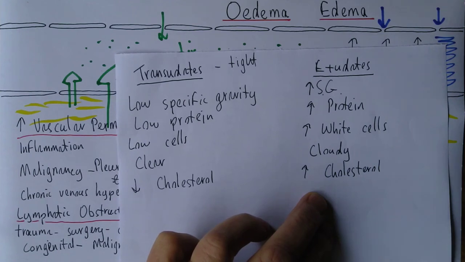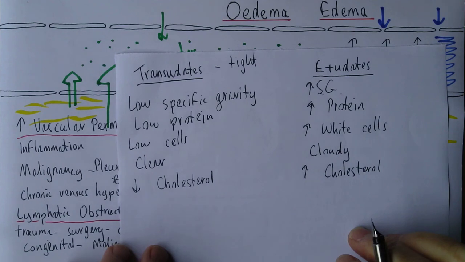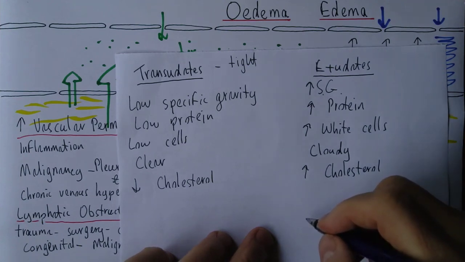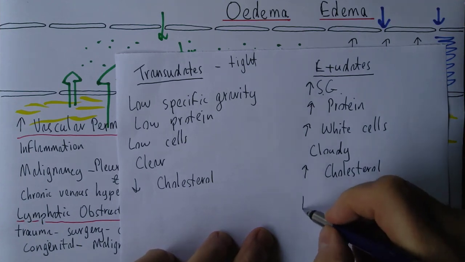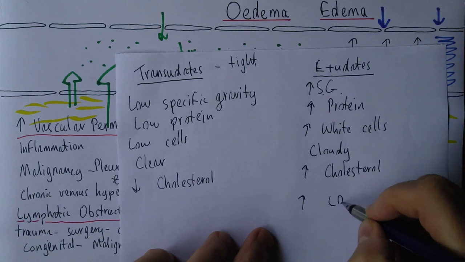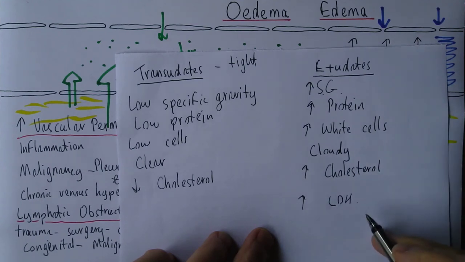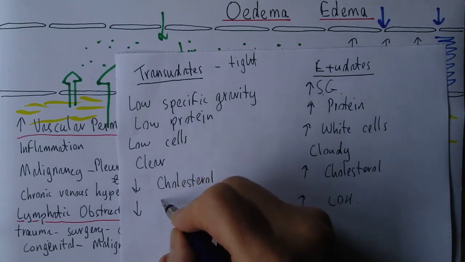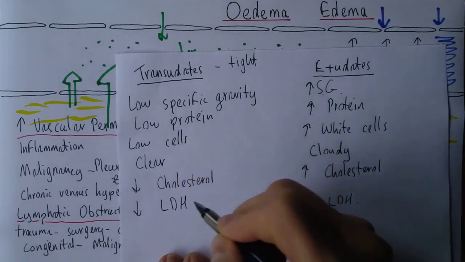And particularly if we're thinking about the pleural exudates, the pleural effusion, the exudate is going to contain lactic dehydrogenase, for example, which is an enzyme produced by the pleural membranes when it's inflamed or when it's subject to a malignant process, whereas the transudate is going to be low in lactic dehydrogenase.